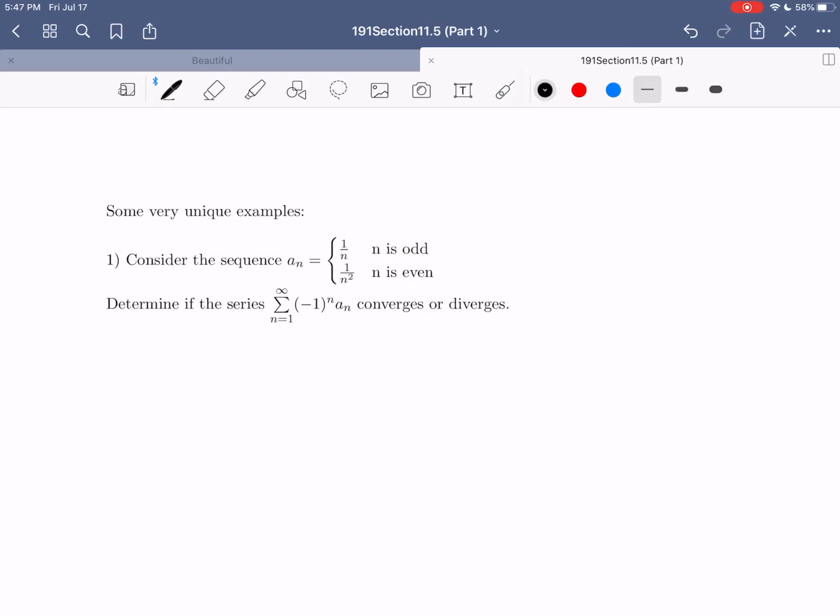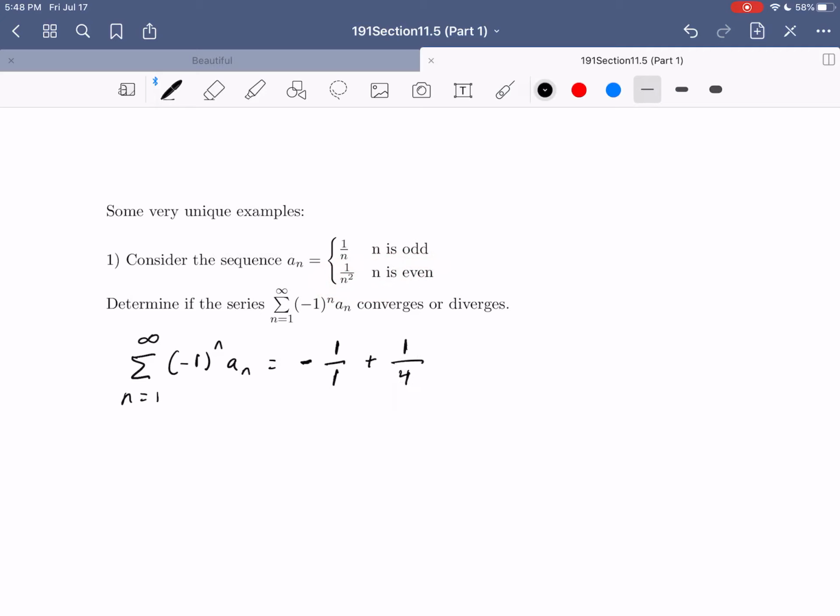But let's just take a look at first just writing out a few of the elements. We'd start with n equals 1, which is odd, so we'd use this, and of course it would be negative. So we would have negative 1 over 1. Then we'd be on an even, so we would use this, and it would be positive. So we would have 1 over 4.